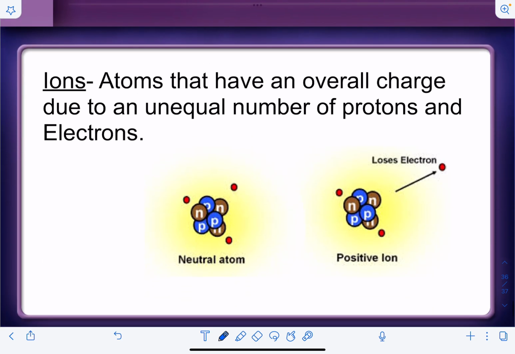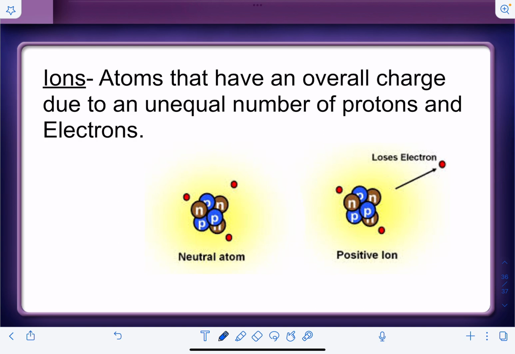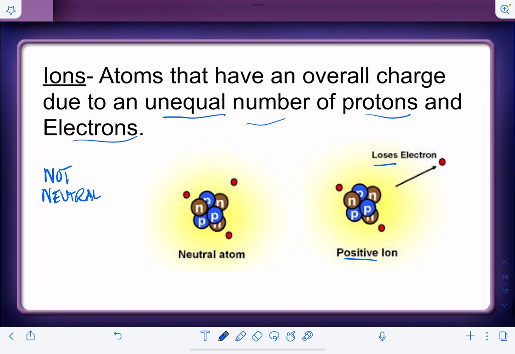Okay, last section here, and then I'll show you a couple practice problems. So notice that now we're talking about unequal numbers of protons and electrons, okay? Ions are not neutral. They have a charge. If you have a positive ion, it loses an electron, and it is losing negative charge. That is why it becomes positive.